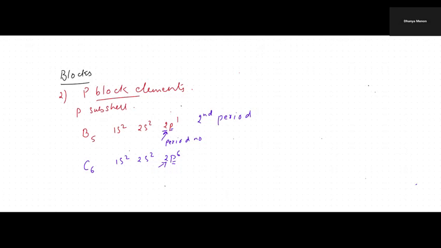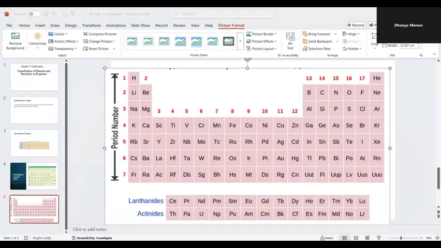Generally, from group 13 to 18. Okay, I'll just share the screen and show the periodic table once again. So here, students, group 13 to group 18: 13, 14, 15, 16, 17, and 18.